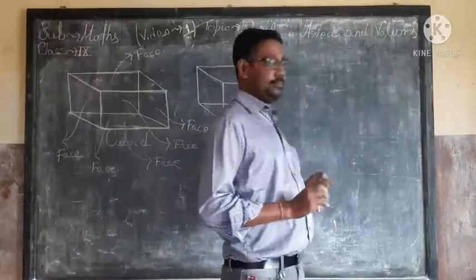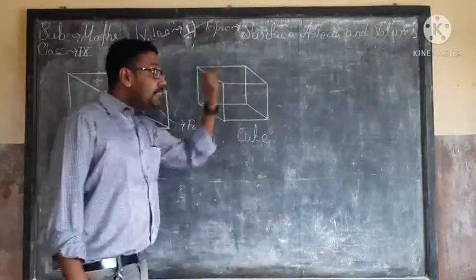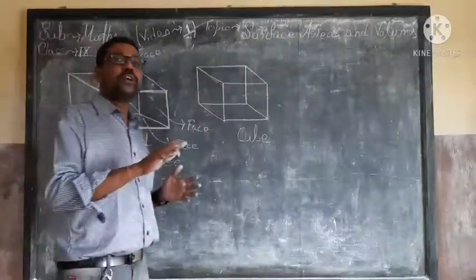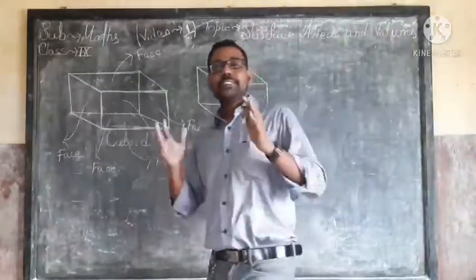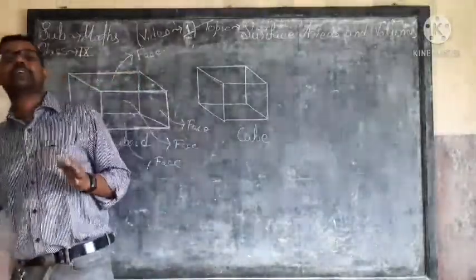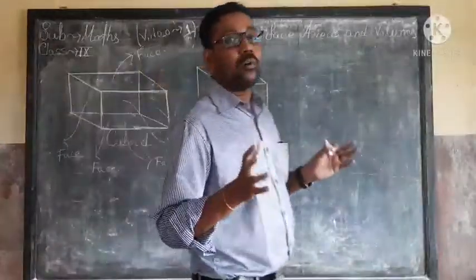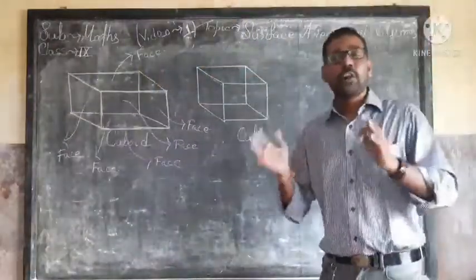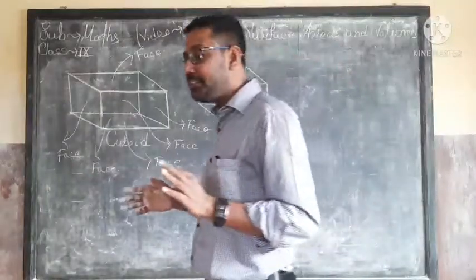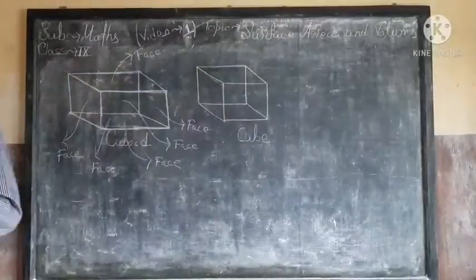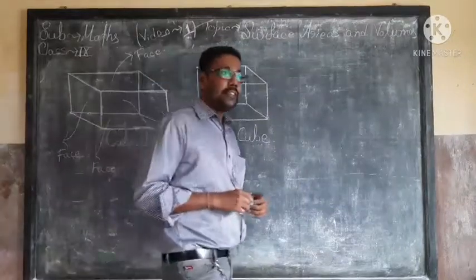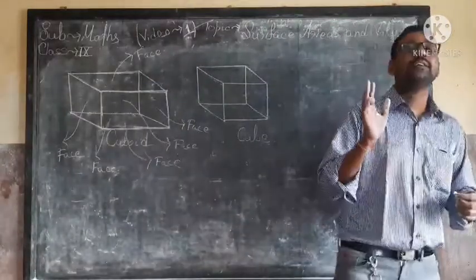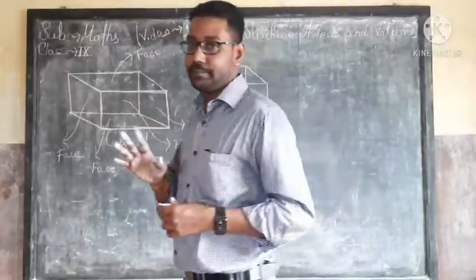But in this chapter, all the geometrical figures are 3D figures. That means they are all solids. We only deal with solid figures, and all these figures have three values: one is the length, another one is the breadth, and the third one is the height.